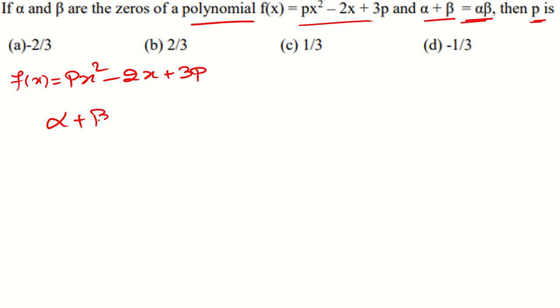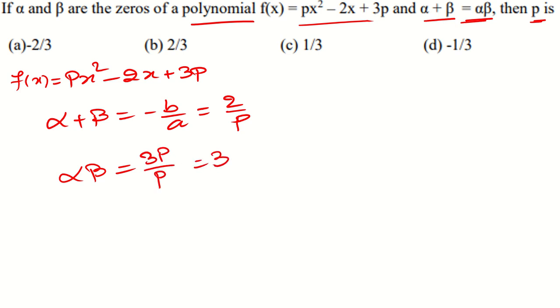So alpha plus beta will be what? The formula is minus b by a. It means minus and minus plus, so 2 by p. Alpha plus beta is equal to 2 by p, and alpha into beta is equal to what? It is c by a. It means it is 3.